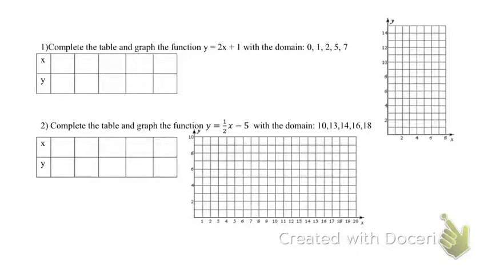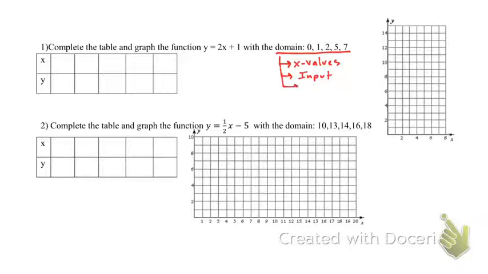So we want to start at the domain. What you have to remember is the domain really just means your x values. And we talked about this last time we met for Zoom. It means your x values, or it also can mean your input.